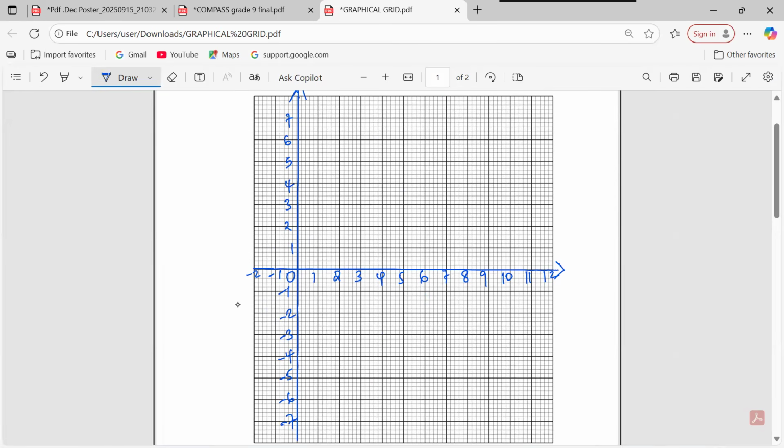With this, now we can start plotting the coordinates. We said the plot has F, G, H, J. So F is coordinate (2, 1), which is here. G is (2, -1), which is here. Then H is (4, -1), that's H. And J is (4, 1).